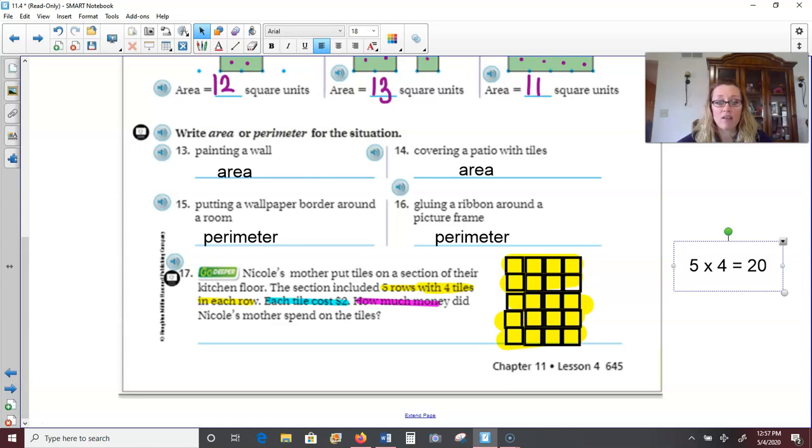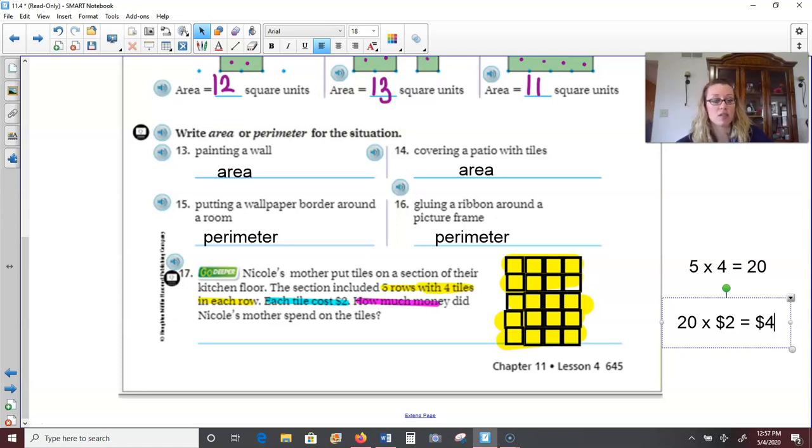Remember, each tile costs $2, and we need the total. So if she's buying 20 tiles at $2 each, how much money is she spending? Well, 2 times 2 is 4, and we add the extra 0 on, and so 20 times 2 equals 40.